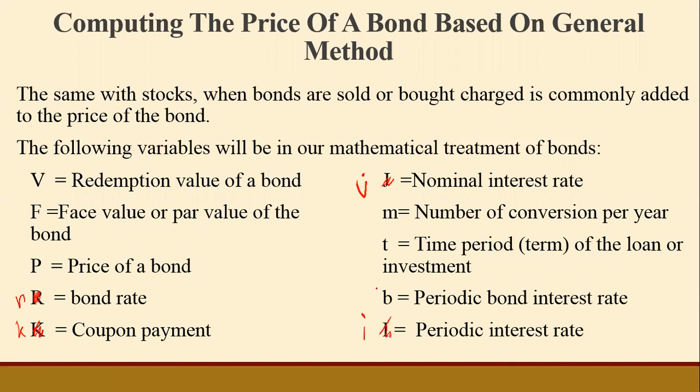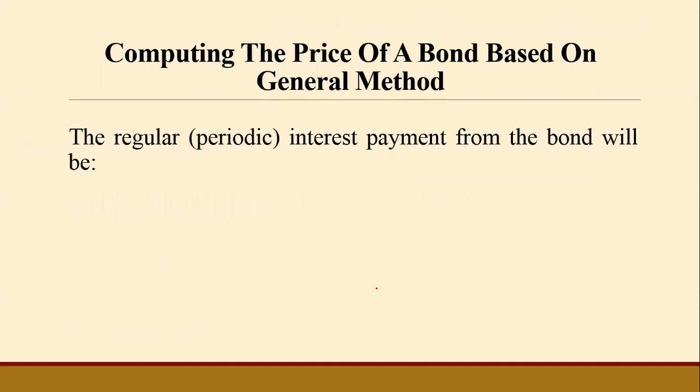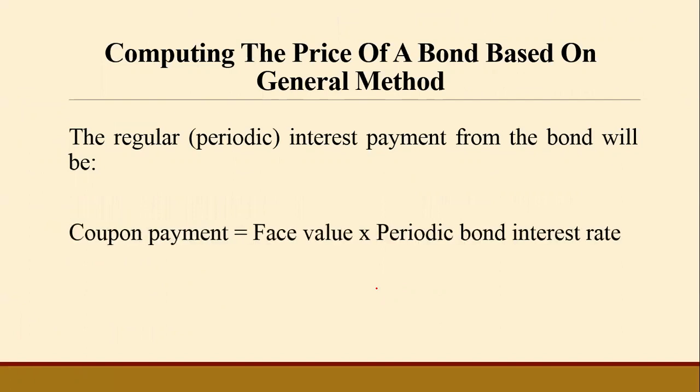Okay. So the regular periodic interest payment from the bond will be this one. Coupon payment is equal to the face value times the periodic bond interest rate. Okay, so that is the formula, or K equals FB.